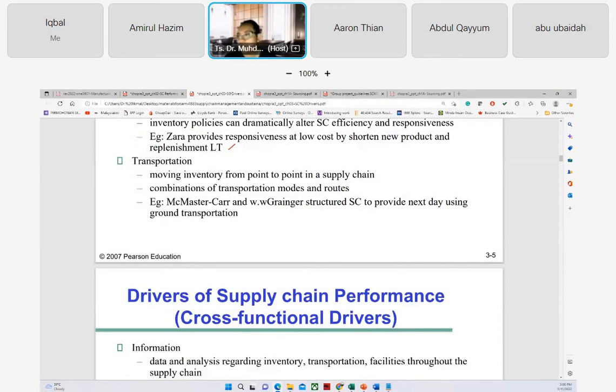And then Mastercard and CW structured to provide next day delivery using ground transport. For example, Next. If you look at Next lorries, Next is a company that sells fashion, sells food. They always supply fresh every day.